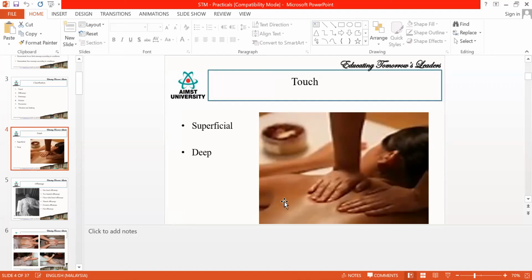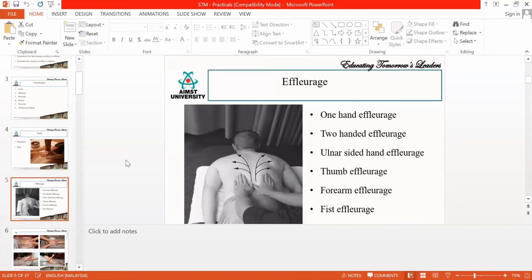So you will be touching using the complete hand. Superficial touch, the pressure will be very little. Deep touch, the pressure will be more. Okay, that is the difference. In effleurage, that day I taught you only two-hand effleurage. So two-hand effleurage will be like this.